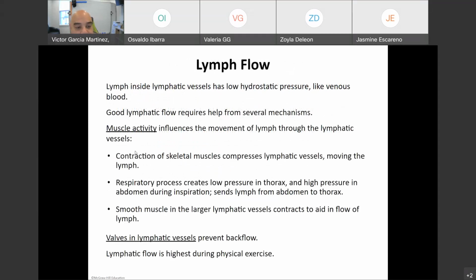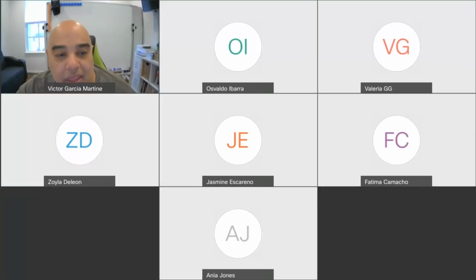This is important, guys. I told you we don't have a pump like the heart to move the lymph. Then we need to move our lymph through muscle activity. It's the same thing we use with veins.